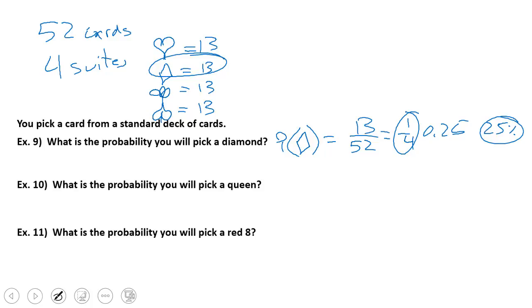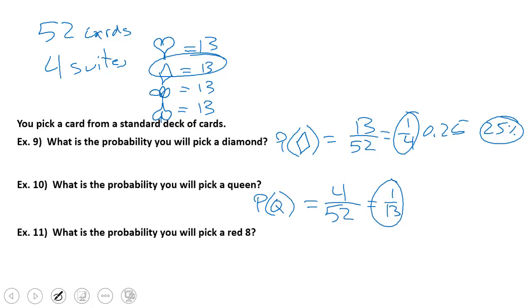Only 25% chance. Number 10, what is the probability you will pick a queen? Probability of a queen. There's 1 queen in each suit. If there's 4 suits, that means there's 4 queens. There's a queen of hearts, spades, diamonds, and clubs. Out of the total of 52 cards. And if we simplify that, that would be 1 out of 13.